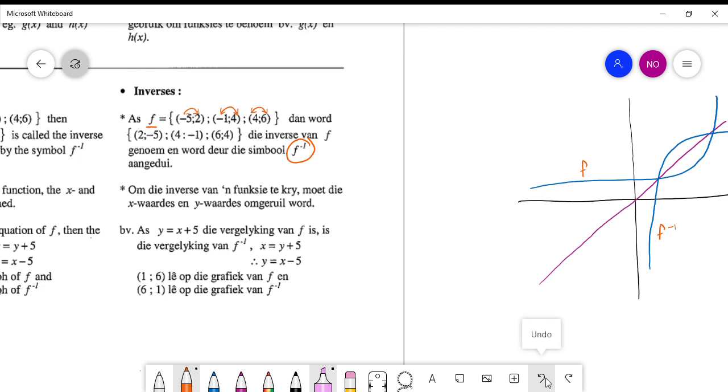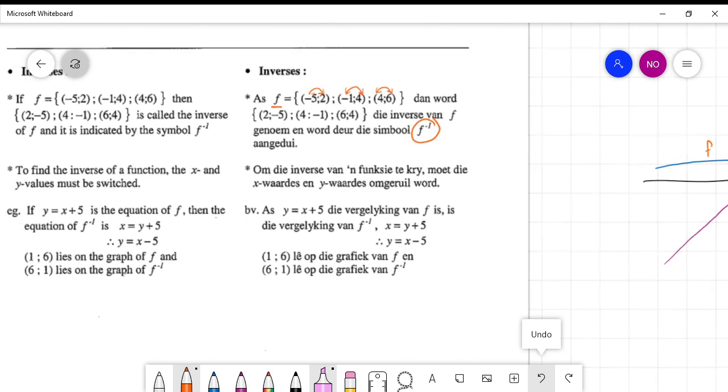Okay. Dan sê hulle vir jou by die tweede sterretjie, om 'n inverse funksie te kry, moet die x en die y waardes omgeruil word. Dit het ek klaar vir julle gesê. So met ander woorde, as y gelyk is aan x plus 5, and that is f. So, what is that? What graph? It's a straight line, okay?